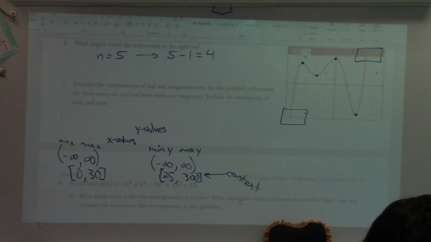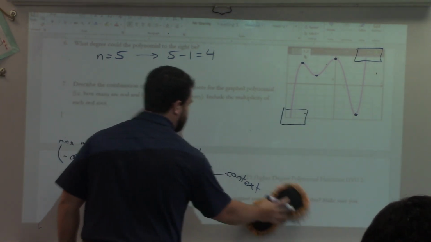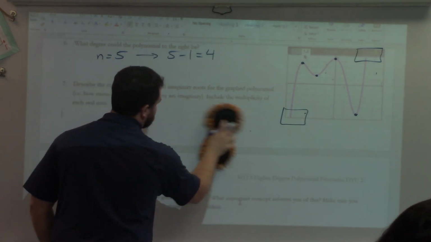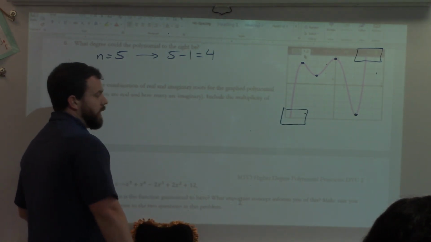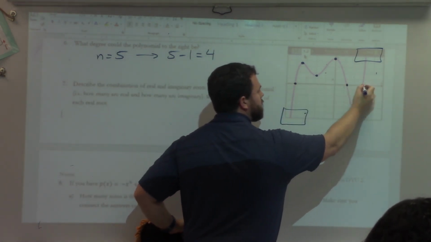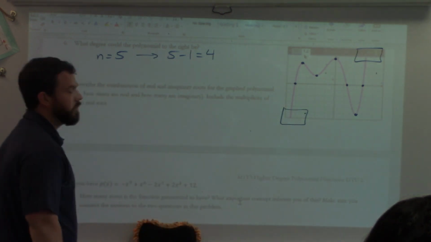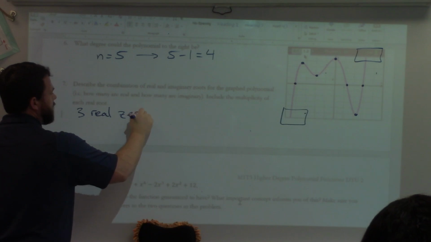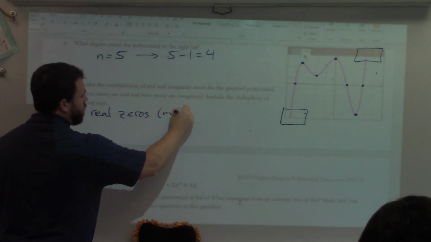Okay? For those of us asking about number 7, I need you to remember, imaginary zeros always come in pairs. And that makes sense because we have how many real zeros? We have 3 real zeros, each one with a multiplicity of 1.